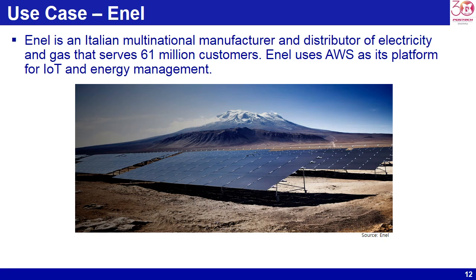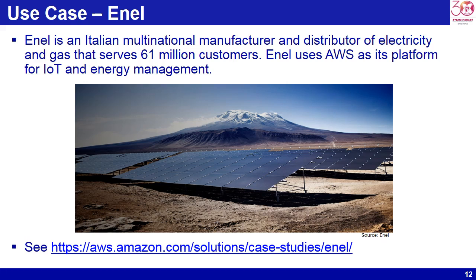According to AWS, Enel is saving 21% on compute costs and 60% on storage costs, has reduced provisioning time from 4 weeks to 2 days and has transformed its business. Enel uses AWS as its platform for IoT and energy management. Please visit the site to read and watch the video about the use case.